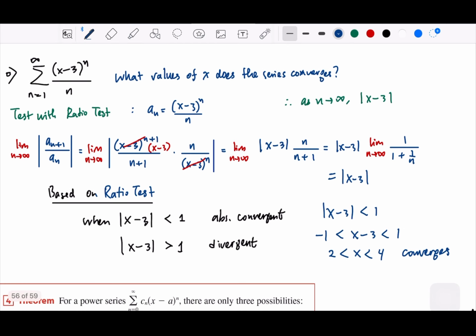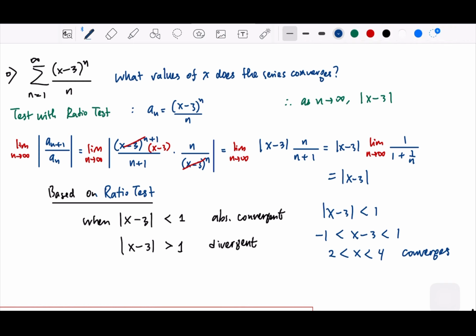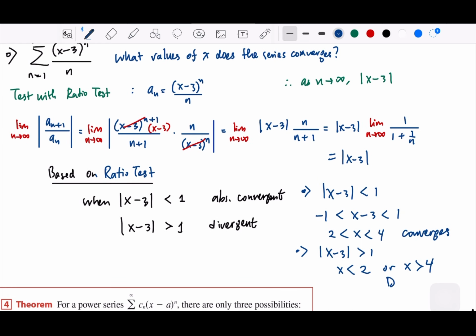And diverge when the absolute value is greater than 1, which is x is less than 2 or x is greater than 4. So this will be diverge. So if you want to know when the series converges, that is from 2 to 4.